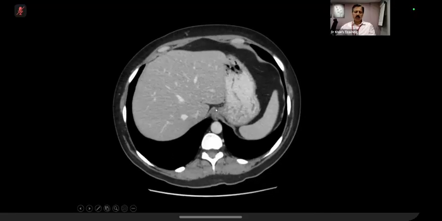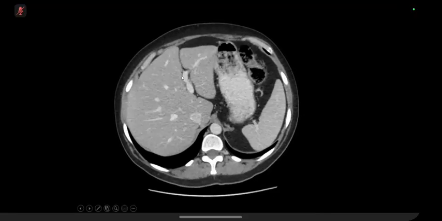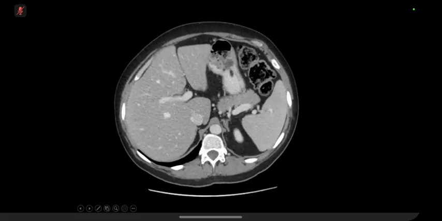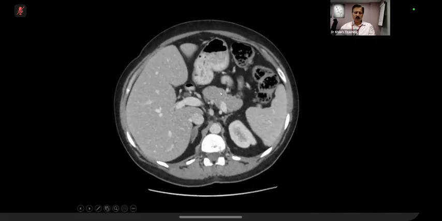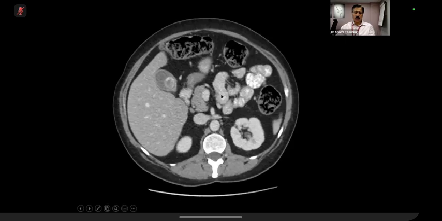So can you see these CT images? Yes. Okay, all of you please concentrate, and this is the type of film or case which will come in your long cases also.